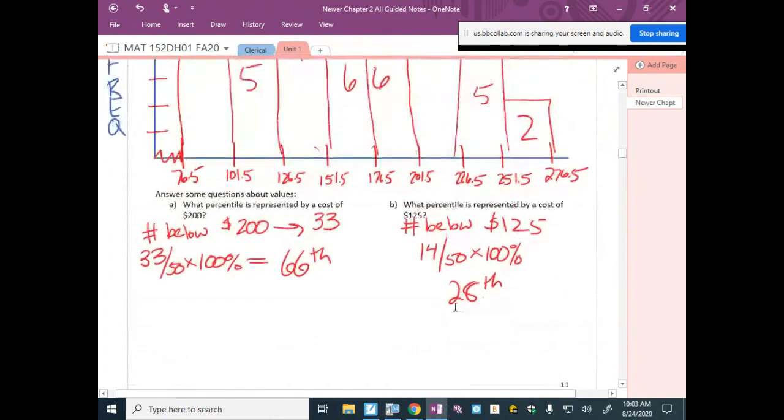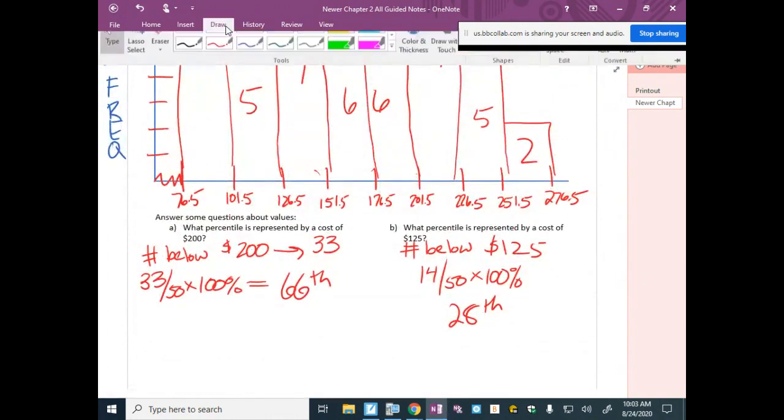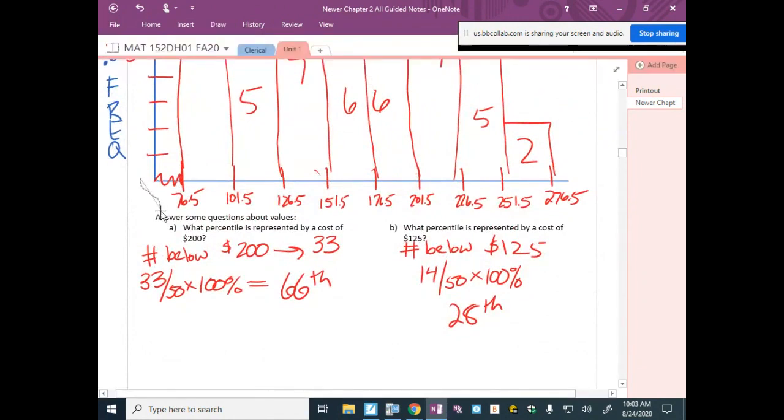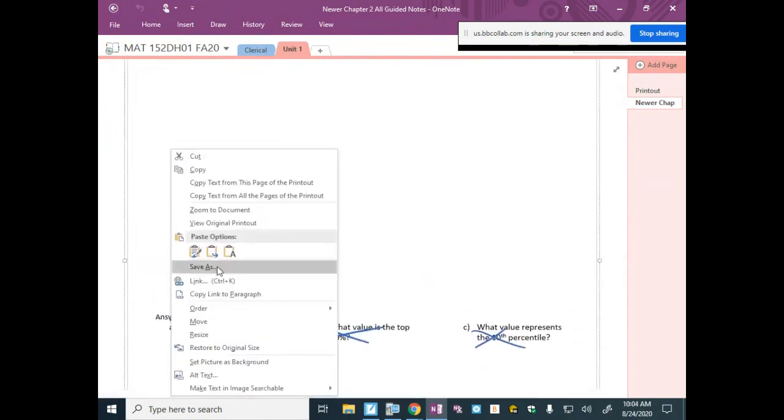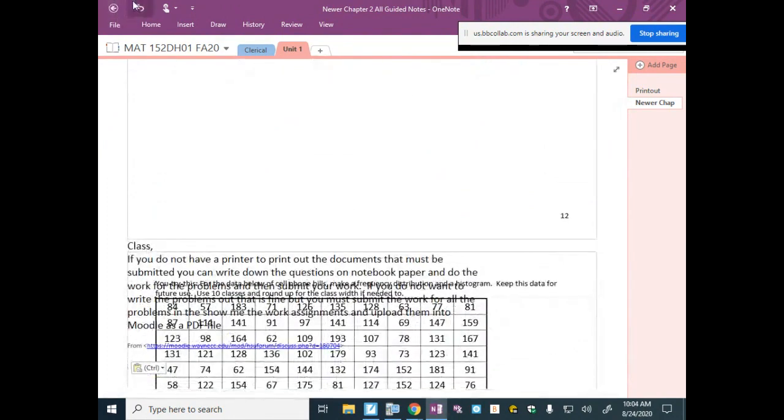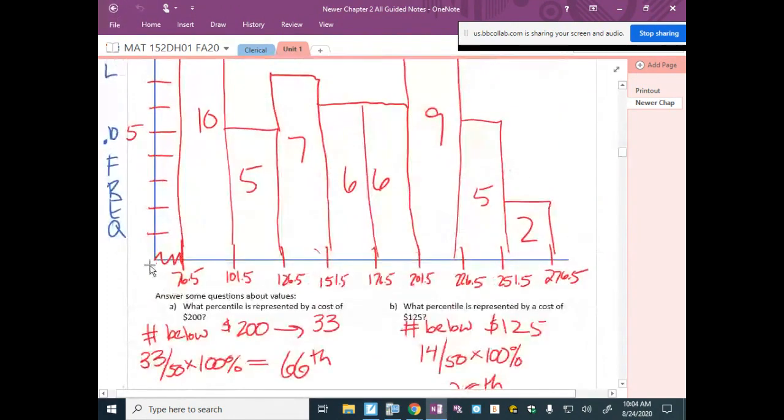So, now we can make an ogive. Now, I'm actually going to take a very slightly shortcut here. Whoops, that is not what I wanted.